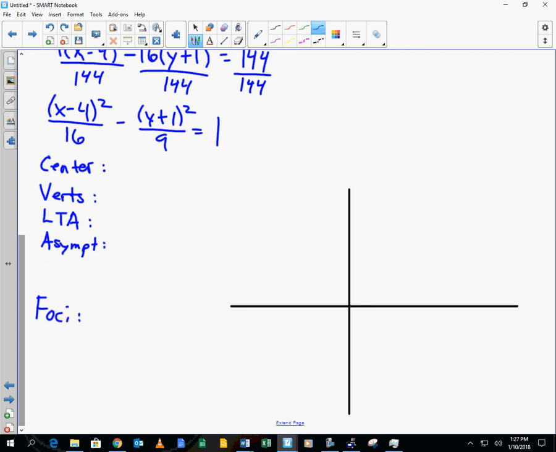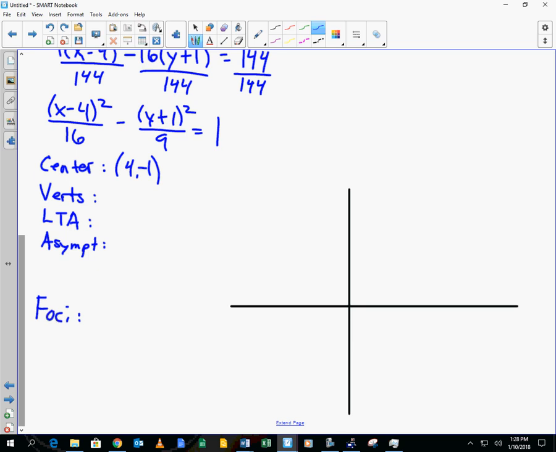All right, what's the center? (4, -1). What would be my next step after I identify the center from yesterday? Make what? What do we call it? Ghost box. Yeah, make my ghost box. So I'm going to go 4 units in the x direction and 3 units in the y. Well, 4 units in the x direction, that means I'll go all the way out to 8.